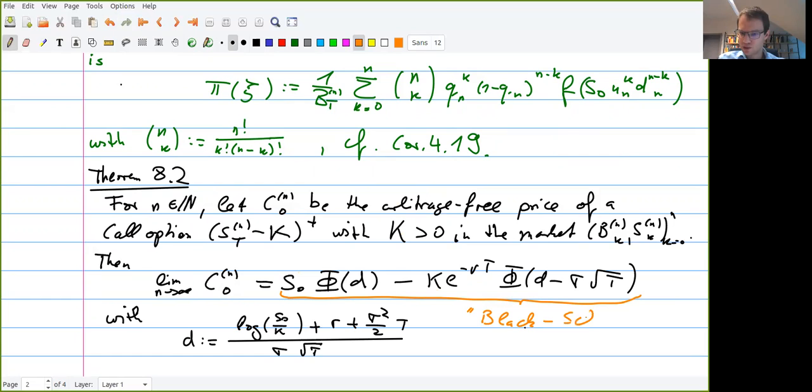I'll explain this in more detail at the end of the lecture. That's the Black-Scholes formula. So the price of a call option in the continuous setting corresponds in the end to the Black-Scholes formula, the Black-Scholes model.